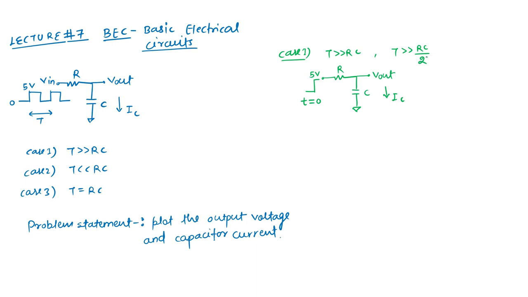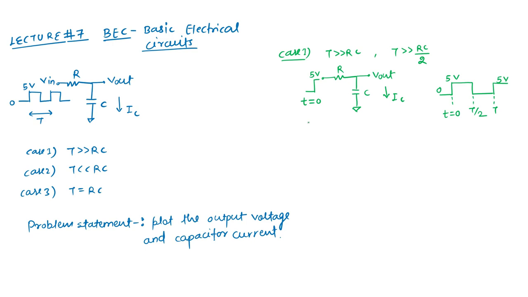T by 2 is the time when the input excitation changes from high to low, from 5 volt to 0. After that the input comes from 5 volt to 0 volt, and after T it again goes from 0 to 5 volt. This is my T, and this is my T equal to 0.